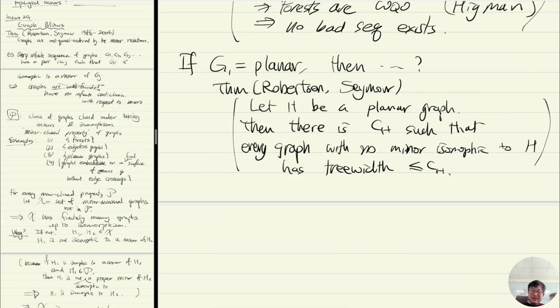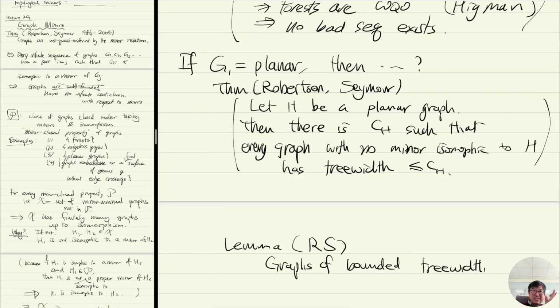In that case, another lemma of Robertson and Seymour in the 1980s, I think, is that graphs of bounded tree width are well-quasi-ordered. Tree width is just a number; each graph has some number. If the graph is a forest, then tree width is 1. If the graph is a complete graph on n vertices, tree width is n minus 1.